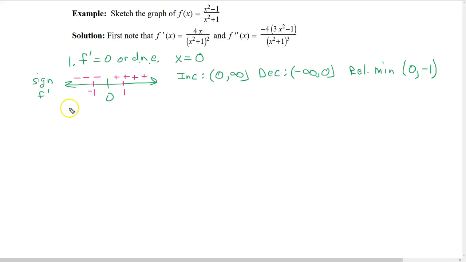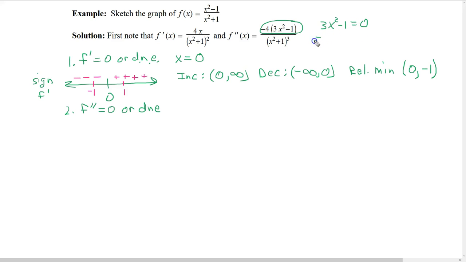Now let's find where our function is concave up and down. So we have to set our second derivative equal to 0, or DNE. So the second derivative will equal 0 when the numerator is equal to 0. So setting 3x squared minus 1 equal to 0, notice the -4 doesn't really do anything, that just cancels with the 0 on the other side.